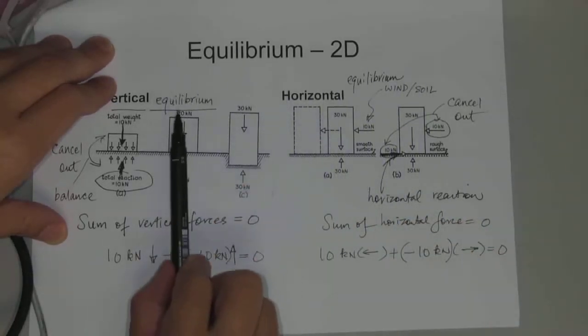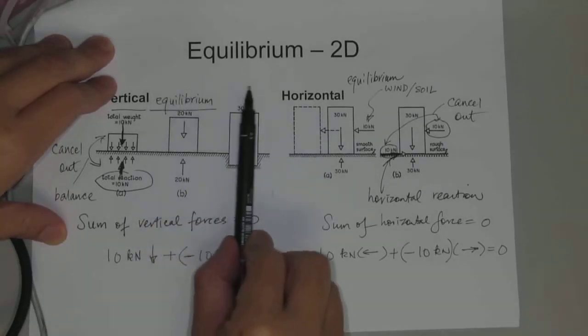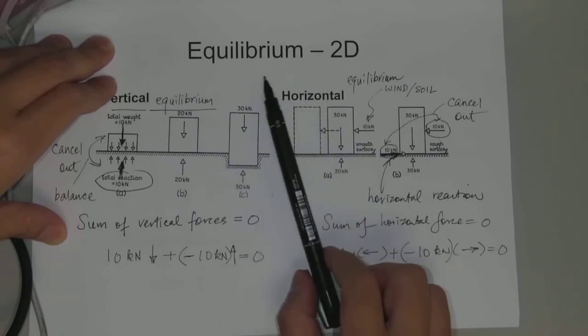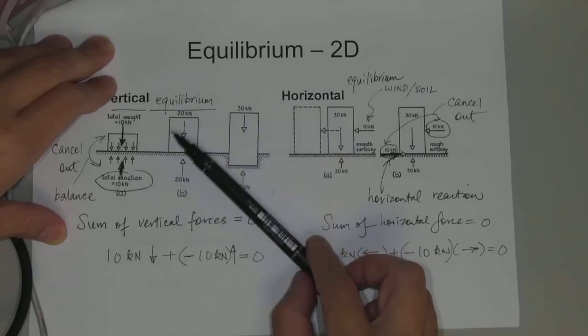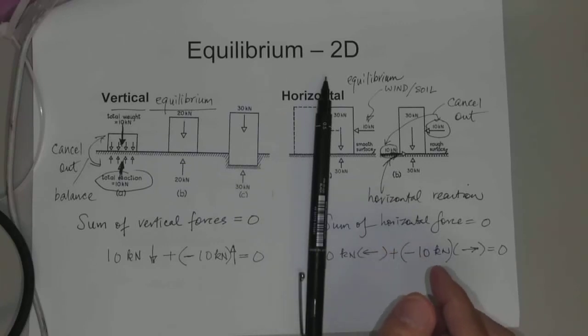It won't move in the vertical direction. But that thing still has the possibility of rotating, or rotation. Why?